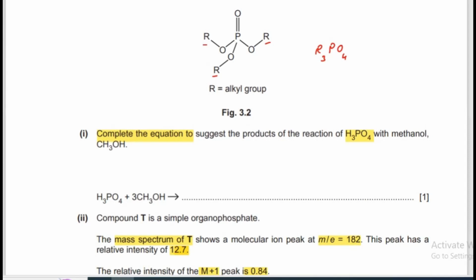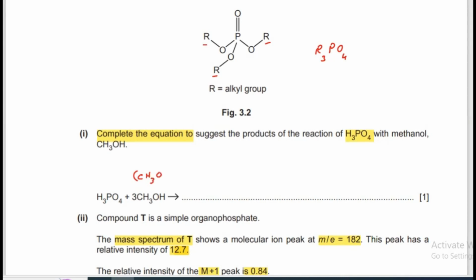If you react this acid and alcohol, you will get the salt and water. Because there are 3 alkyl groups here, there are 3 oxygens as well. So you can write it like this.